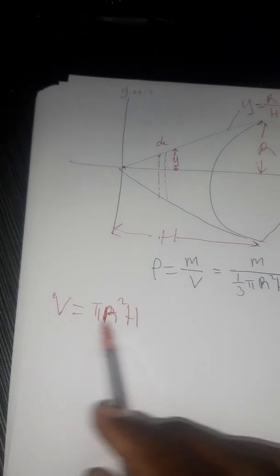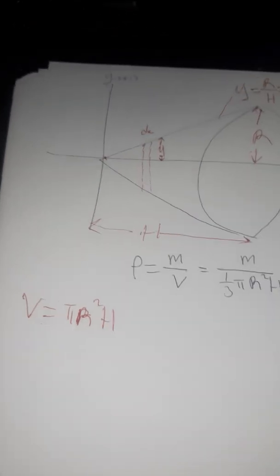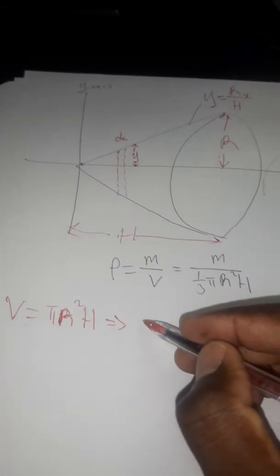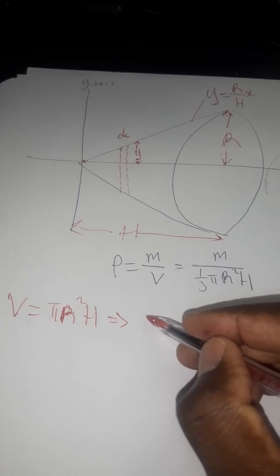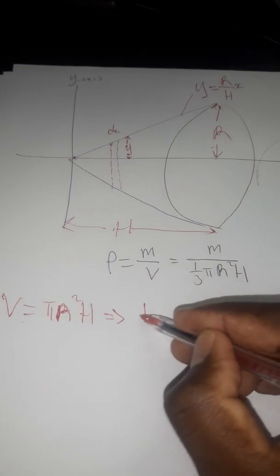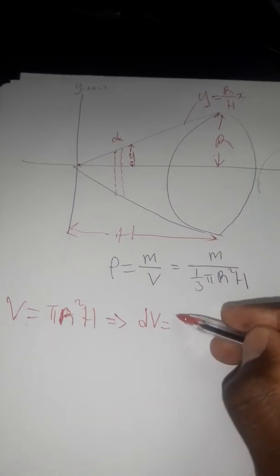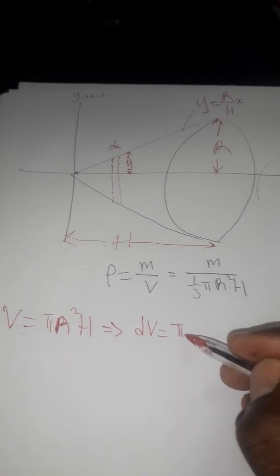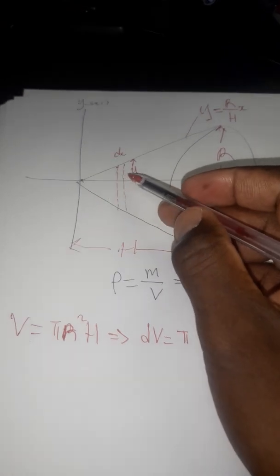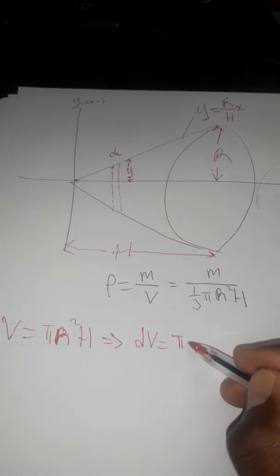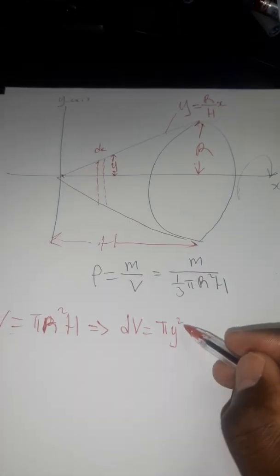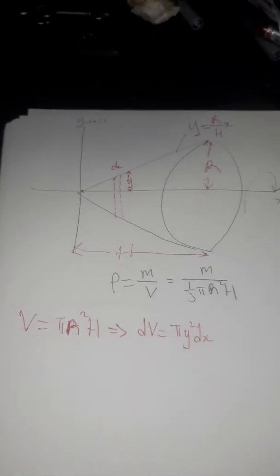The volume of the disk, the change of the bigger volume, equals pi times the radius of the disk squared, y, times the height, dx.